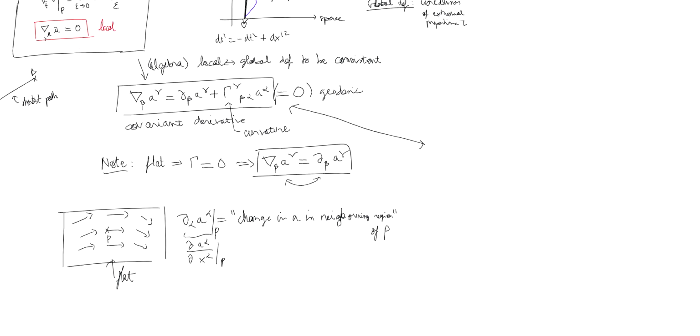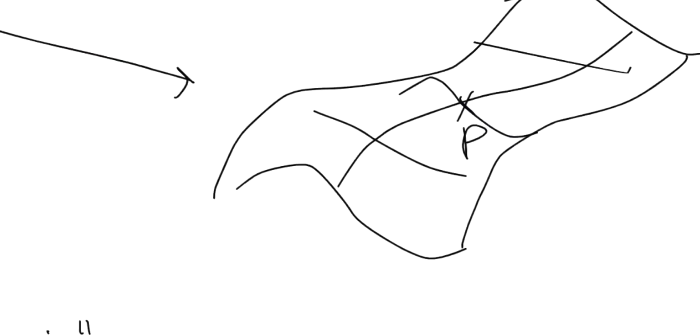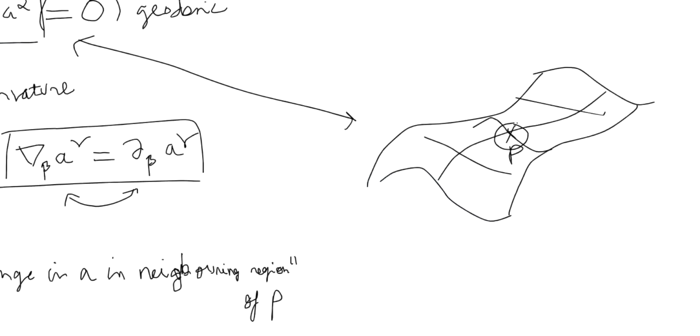Now that we have a curved spacetime, we also have to account around point P in the neighborhood of P for the curvature of this spacetime, and this is done through the Christoffel symbols.